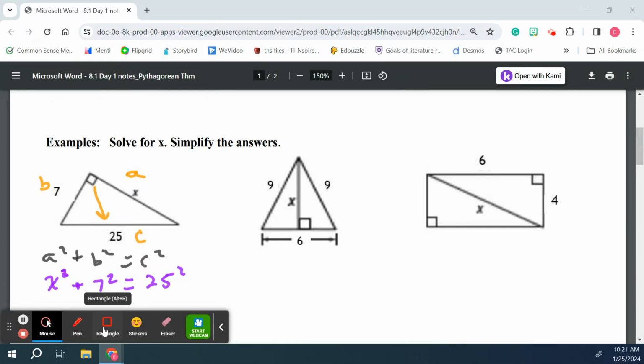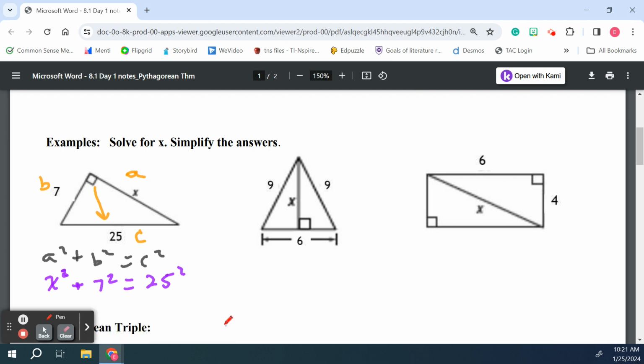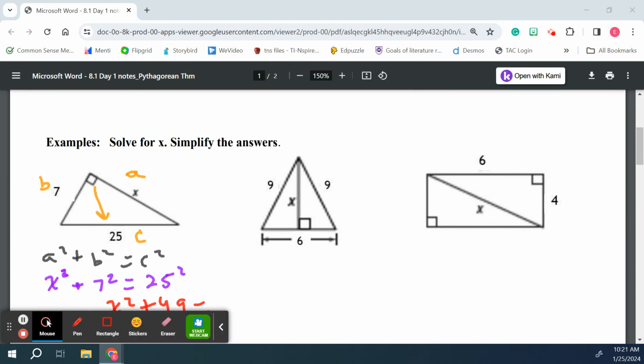Gianna, what's 7 squared? 49. All right, so I'm going to rewrite this as x squared plus 49. Gianna, what's 25 squared? What'd you get? 625.